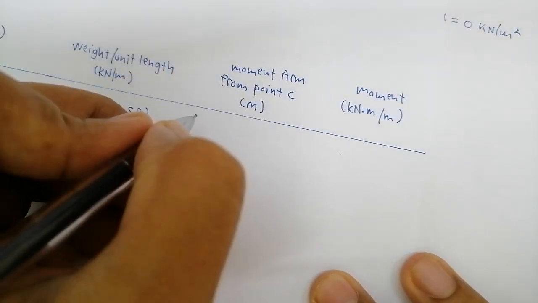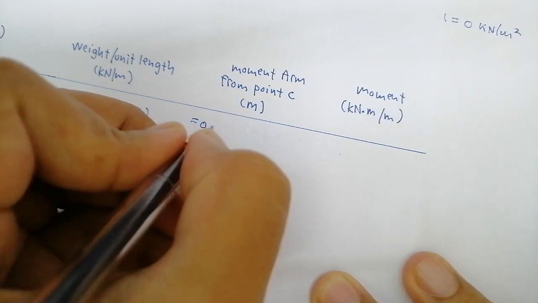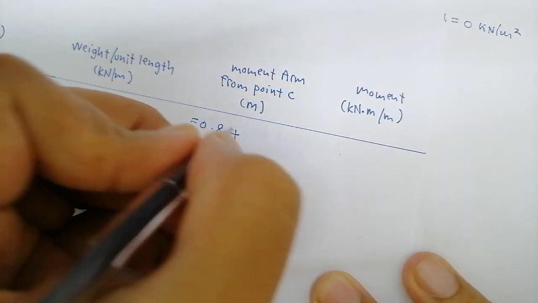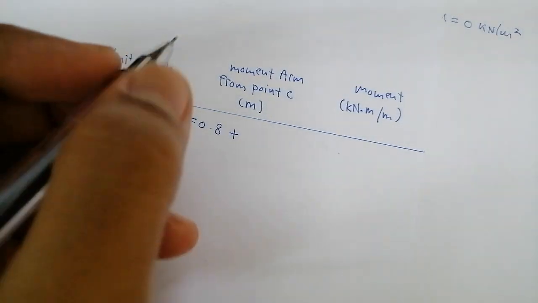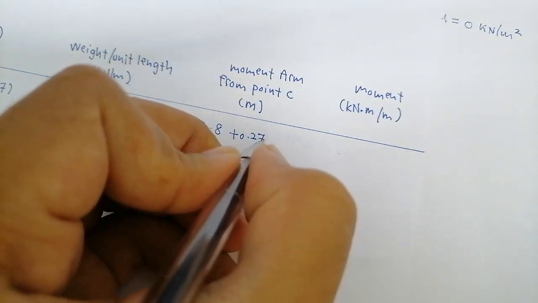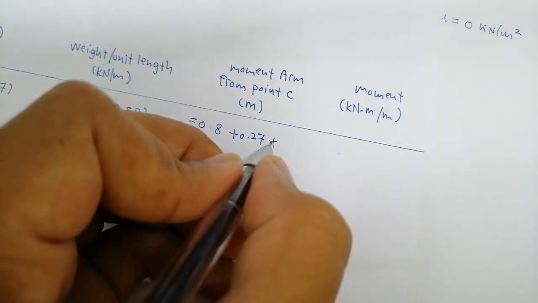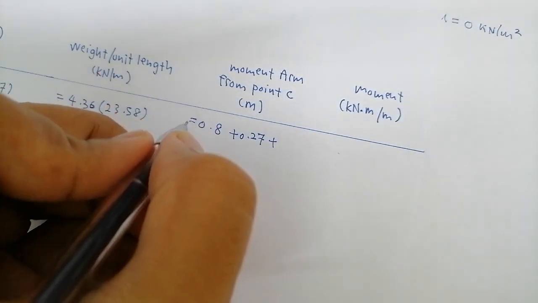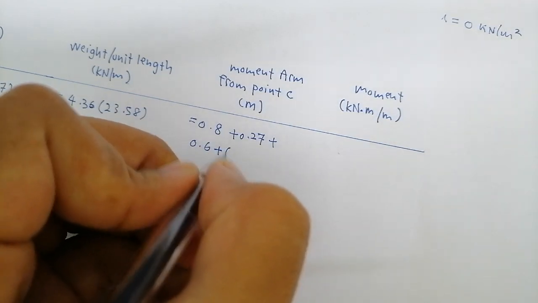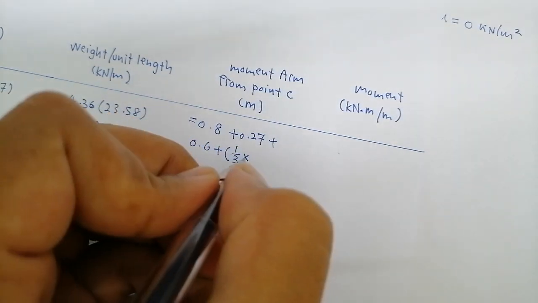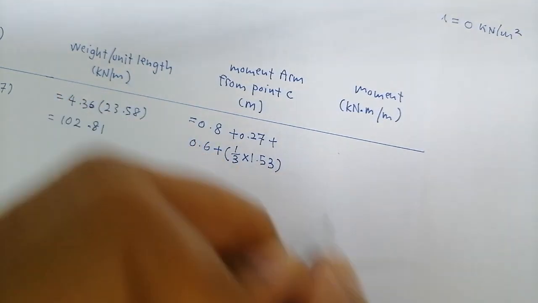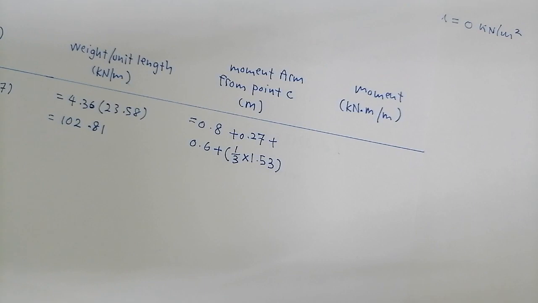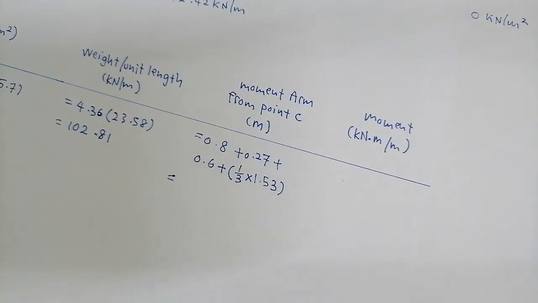All right, so this equals to 0.8 plus, I'm referring to the figure now, plus 0.27 plus, we don't have enough space, so I'm going to move downward, 0.6 plus 1/3 from 1.53. Okay, let's check again. Yeah, all right, so just solve this. Please bear with me. You can calculate with me.